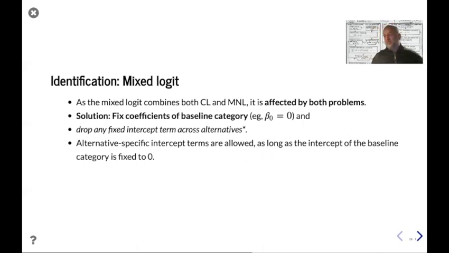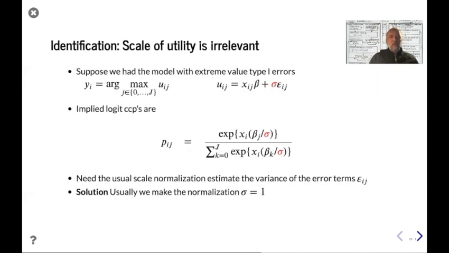Okay, so for example, it would be natural in the probit model to have one variance equal to 1. So again, here that's the scale of utility. That's irrelevant, right? I'm just repeating myself a little bit, showing that it's the same thing in the multinomial logit as we've seen previously in the binary probit model.